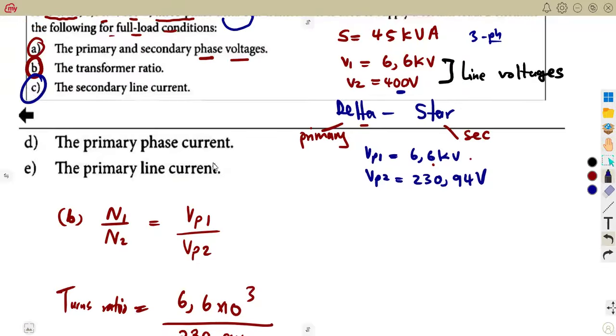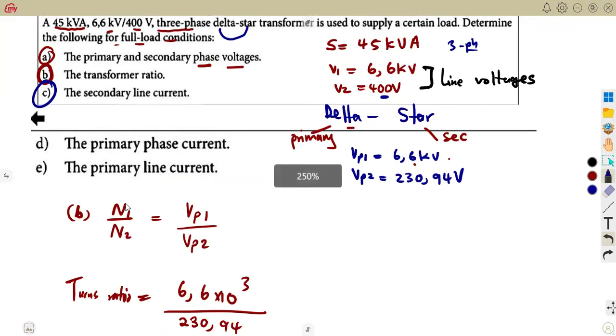C, the secondary line current. From the ratio that we have, they're saying we need to calculate the line current. It's the line, but these calculations are made in phase terms.